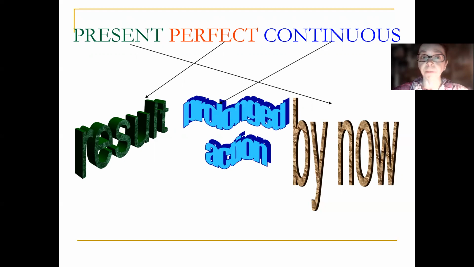So all in all, present perfect continuous means we are discussing a result of a prolonged action, of a process achieved by the present moment.